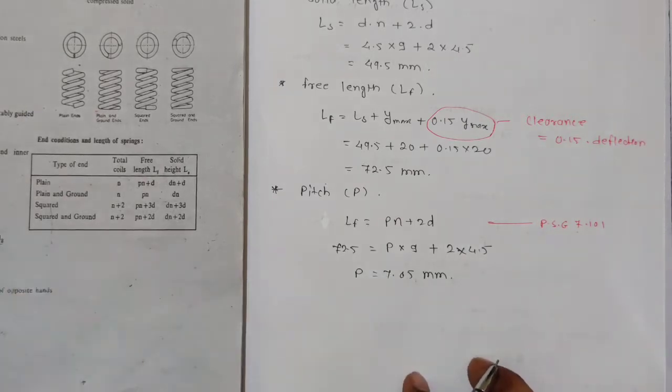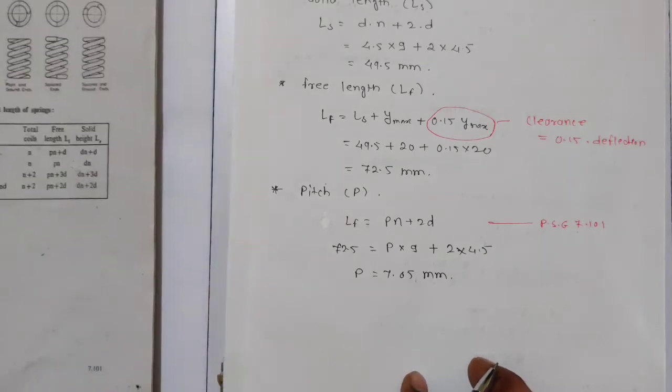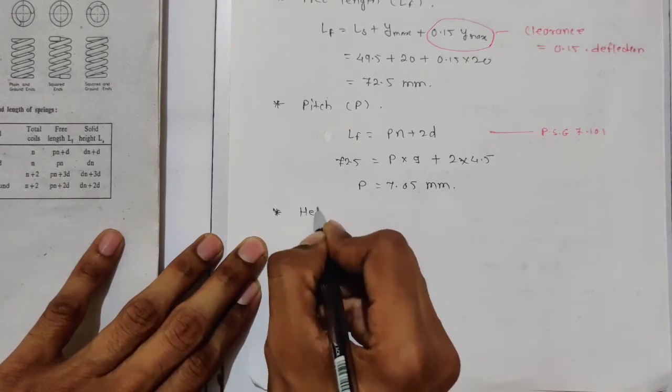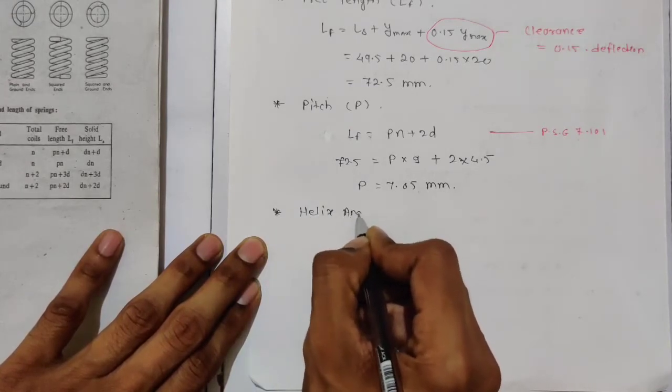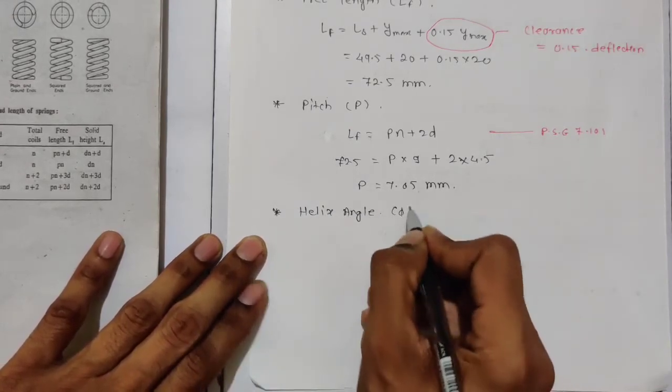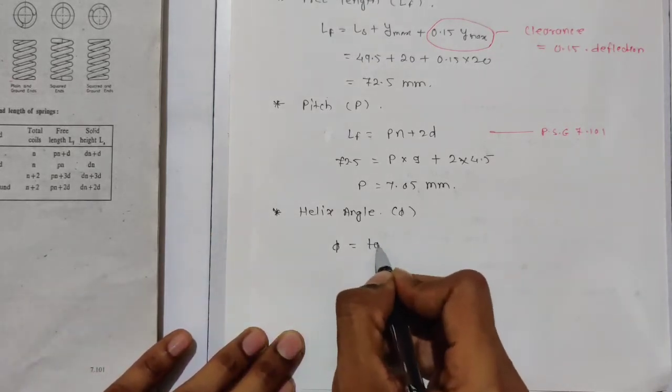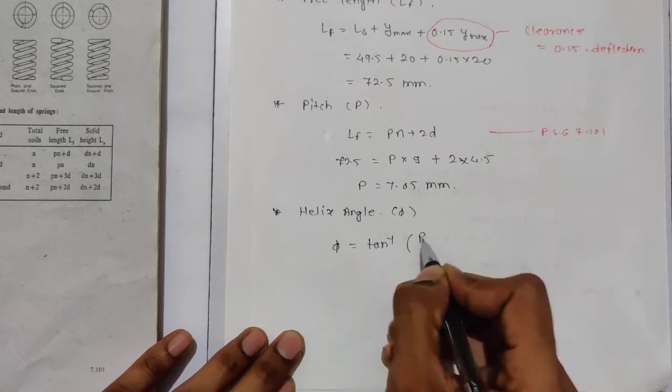Okay, so now we are done with pitch, so we'll go for helix angle. The helix angle formula we have seen in the screw jack. The same formula, phi is equal to tan inverse P upon pi d.